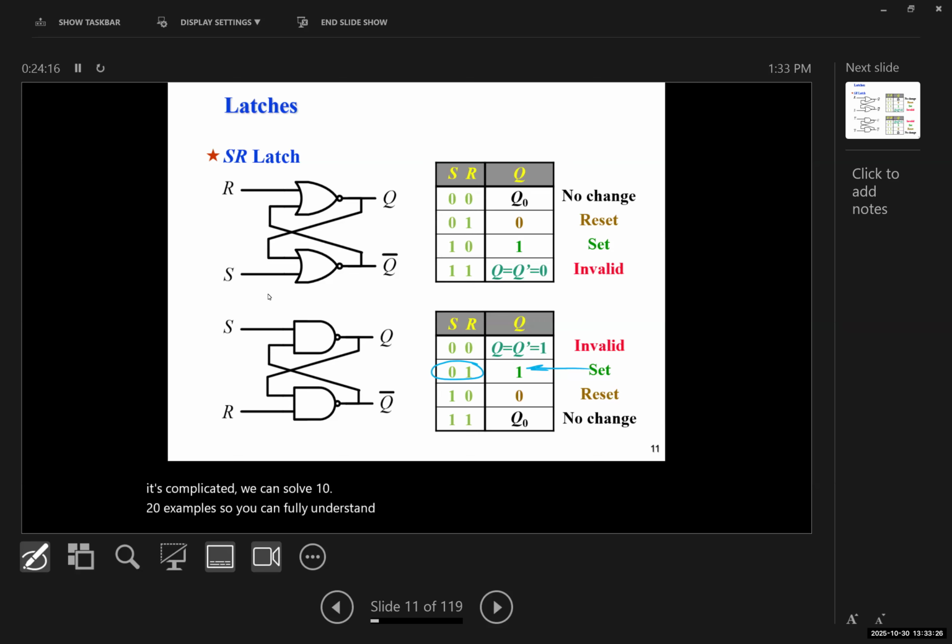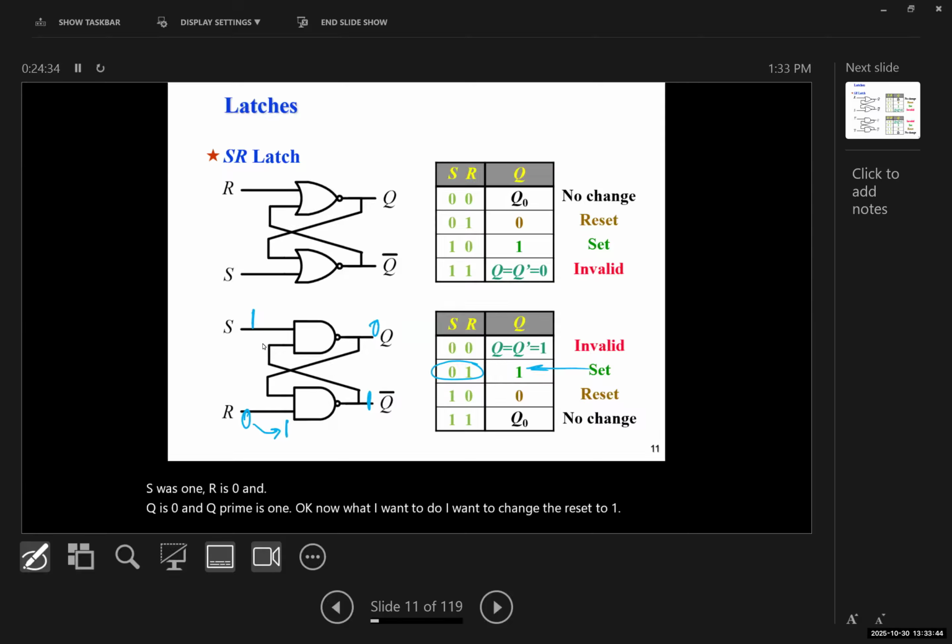Imagine, let's give it a different scenario. Imagine if S was 1, R is 0, and Q is 0, and Q prime is 1, okay? Now what I want to do, I want to change the reset to 1, okay?